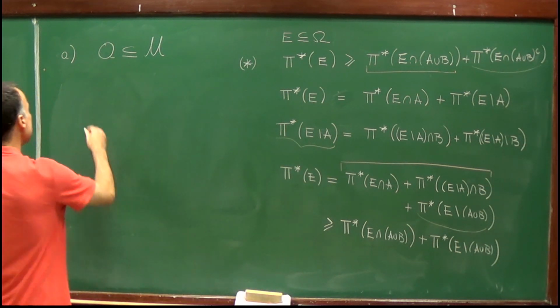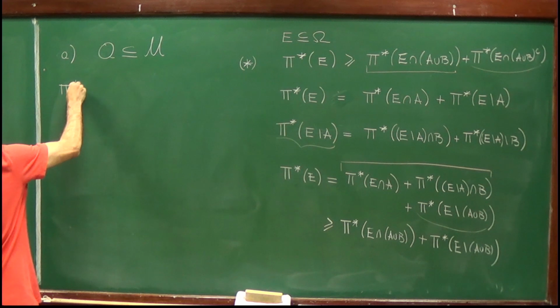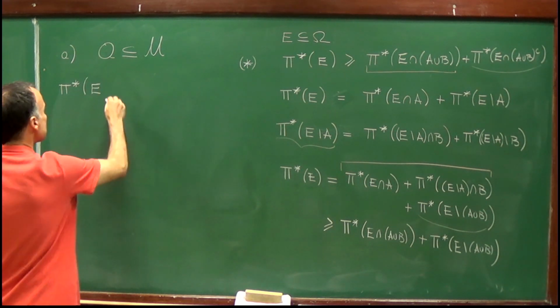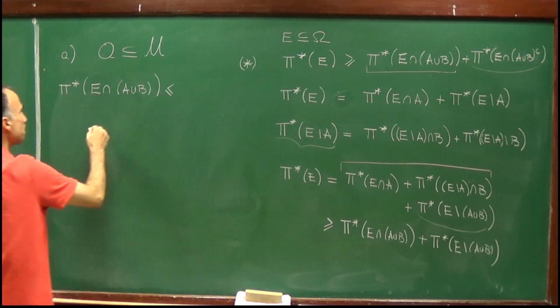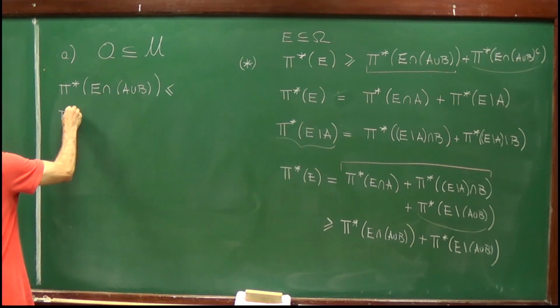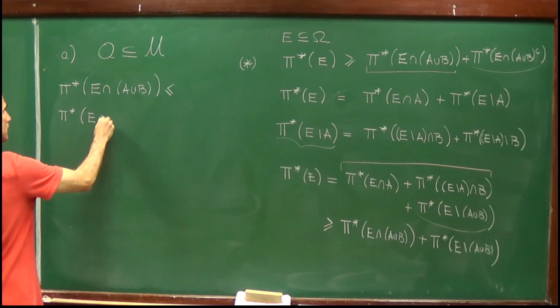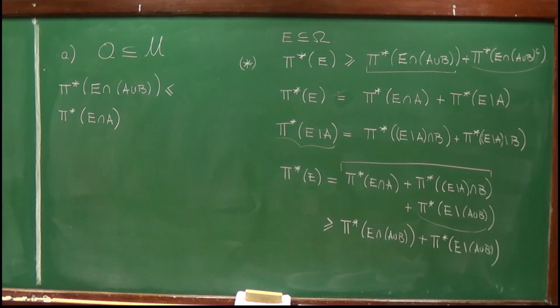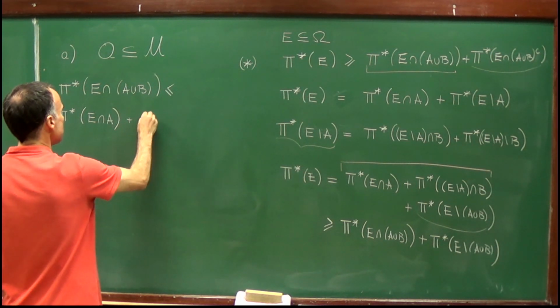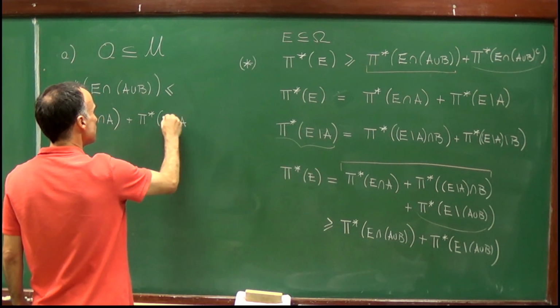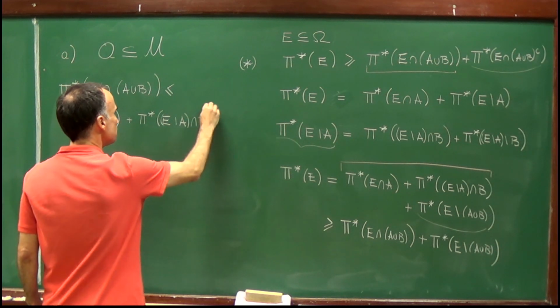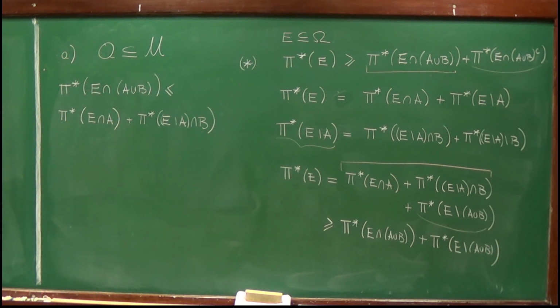What remains to be done is to show that P star of E intersection A union B is less than or equal to P star of E intersection A plus P star of E minus A intersection B, right? And to prove this inequality, we will use the subadditivity.